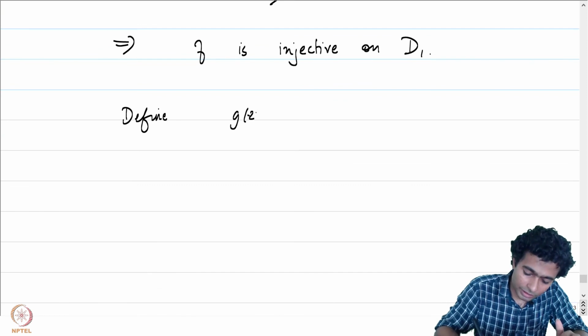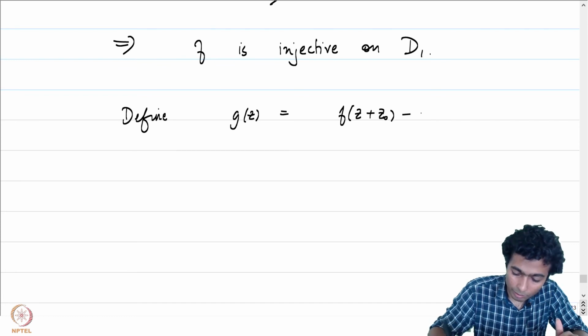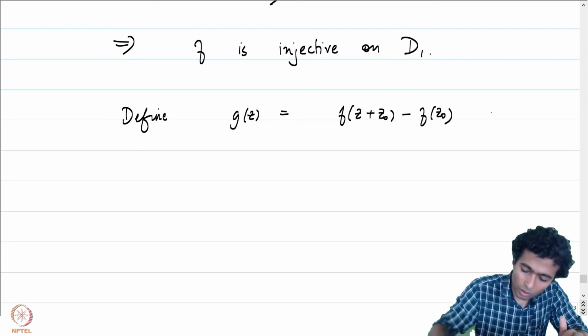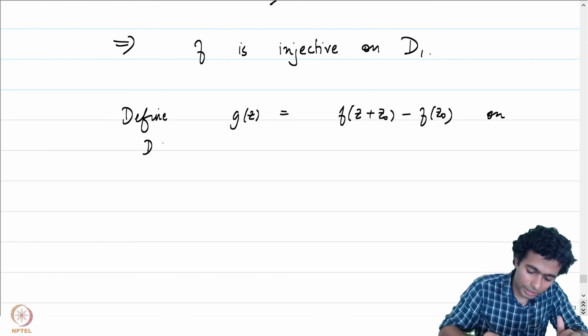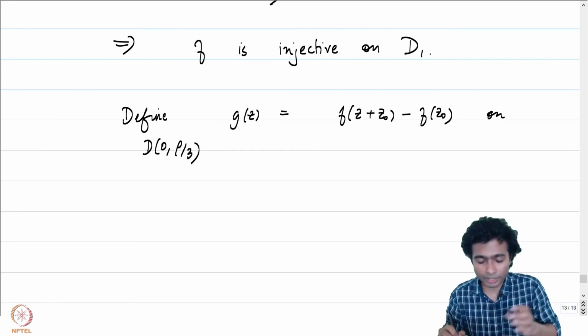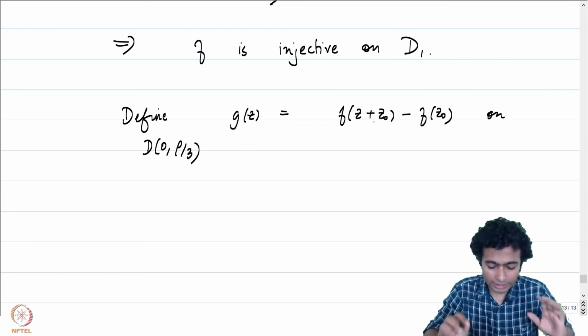Define g of z to be equal to f of z plus z0 minus f of z0. Where is this defined? This is defined on D0 rho by 3. Remember that D1 is D z0 rho by 3. So this does make sense.